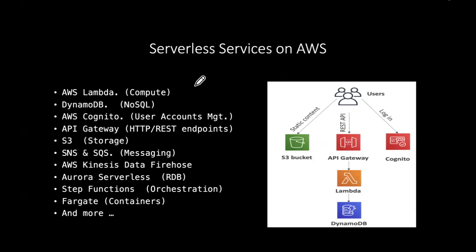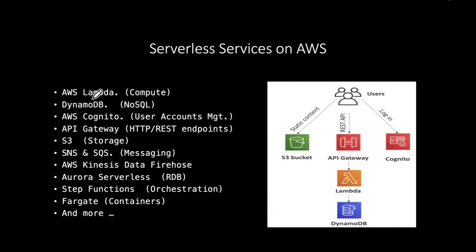So on the left here, I'm listing some of the AWS serverless services. The one that you've probably all heard about is AWS Lambda, and that's what we categorize as its compute service. So in a sense, AWS Lambda is the alternative to EC2.